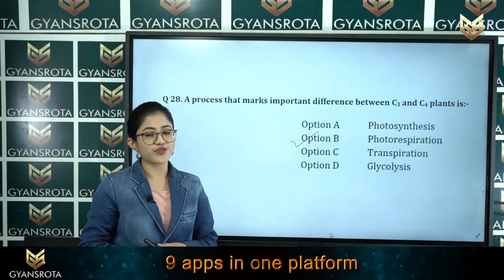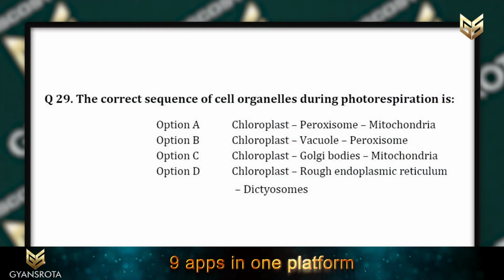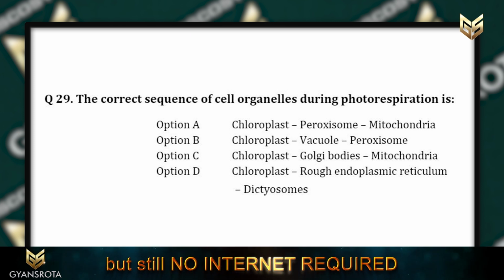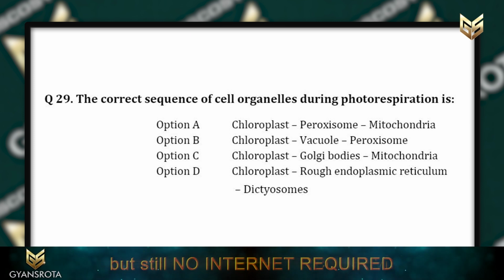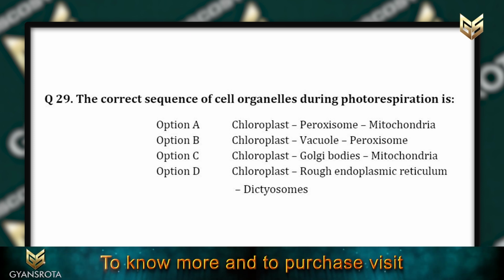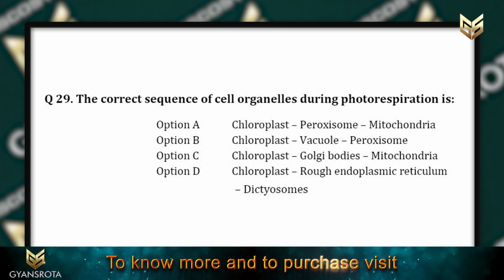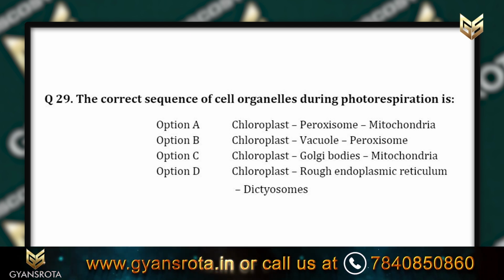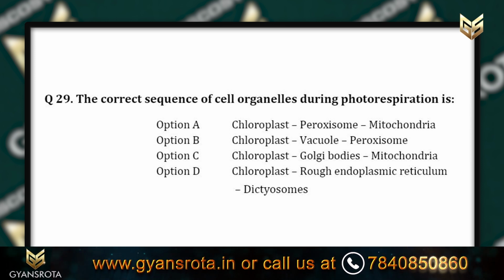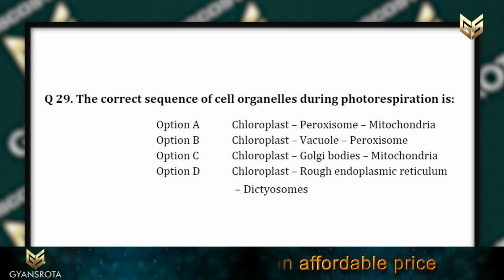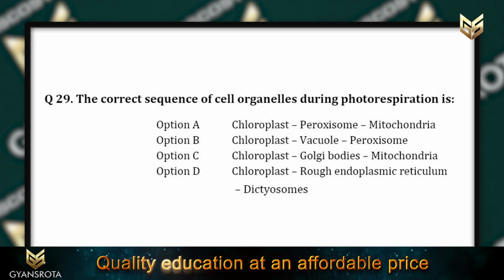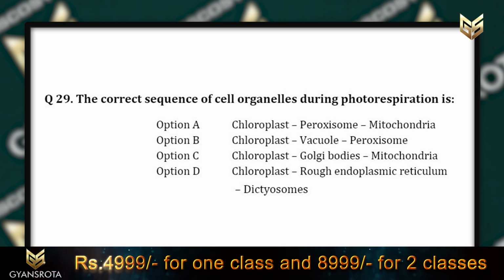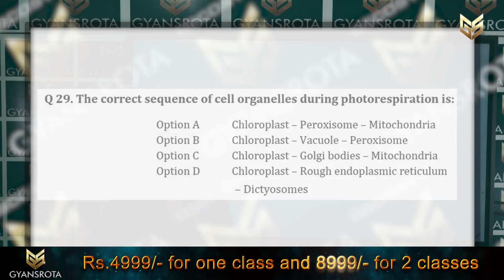Alright student, question number 29. The correct sequence of cell organelles during photorespiration is option number A, chloroplast, peroxisome, mitochondria, option number B, chloroplast, vacuole, peroxisome, option number C, chloroplast, Golgi bodies, mitochondria, option number D, chloroplast, rough endoplasmic reticulum and dictyosomes.